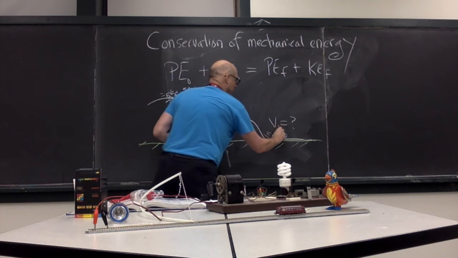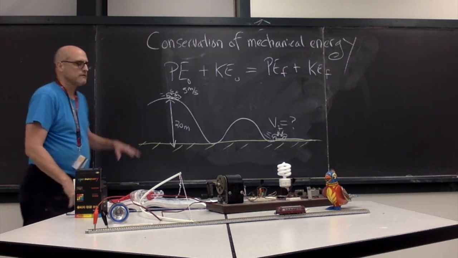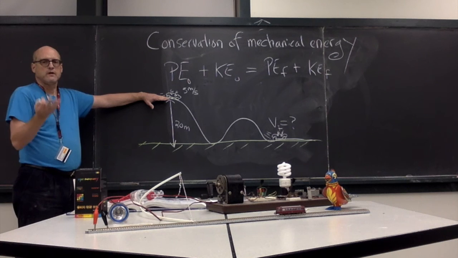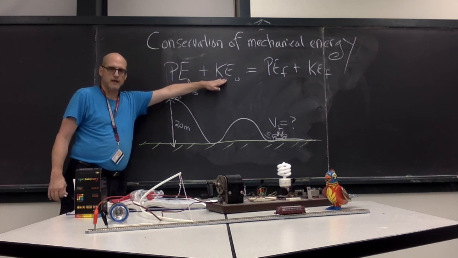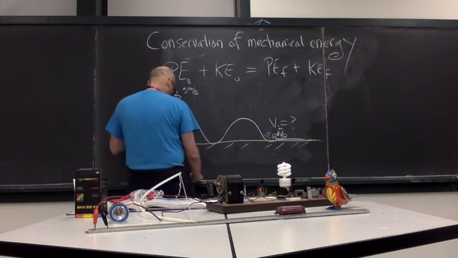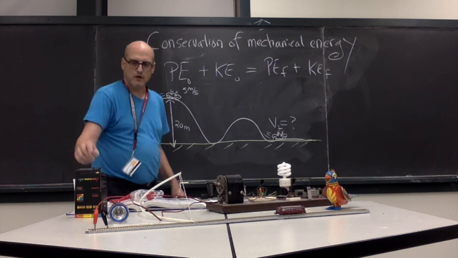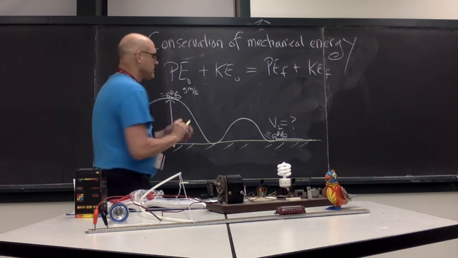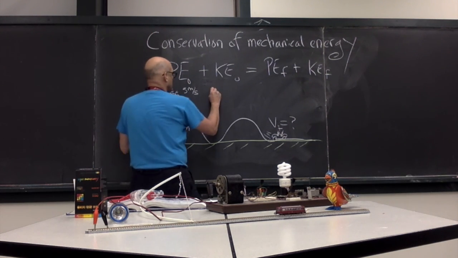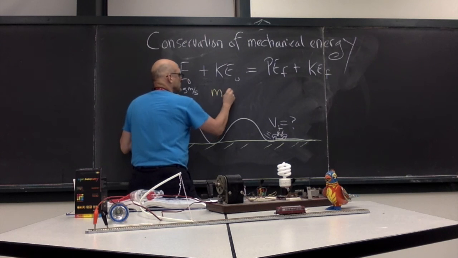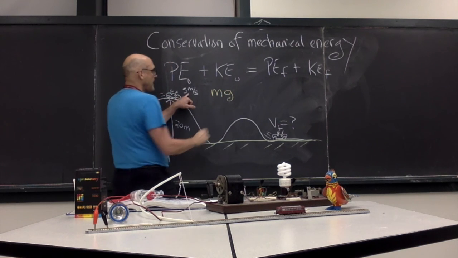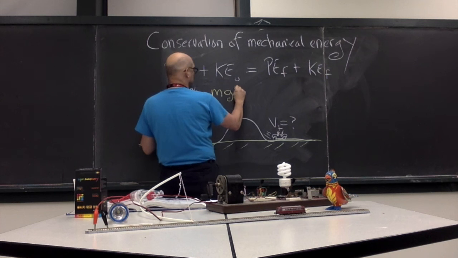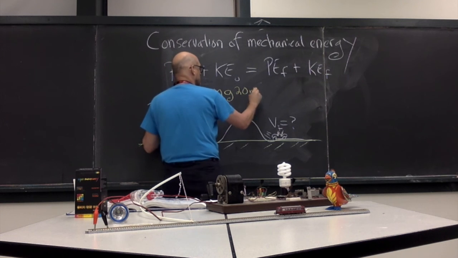Call that VF. So, the kind of energy it starts out with is potential energy and kinetic energy. So we start out here with mgh, which is 20 meters.